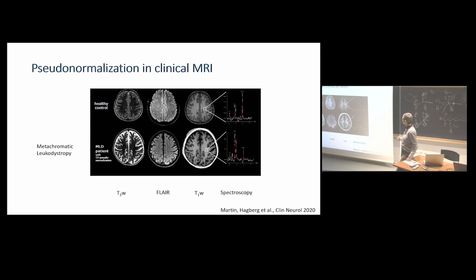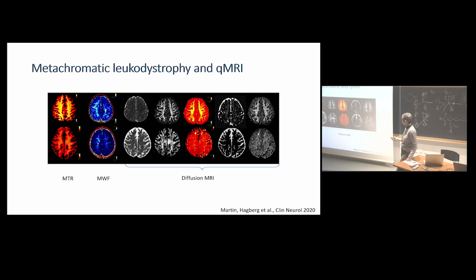And it's pretty hard to see with spectroscopy also, as a matter of fact, and the fluid attenuated inversion recovery sequences also didn't help the clinician a lot. But the nice thing was that myelin water fraction imaging did, and also another technique called magnetization transfer resonance. Other techniques that were quite helpful were based on diffusion MRI.